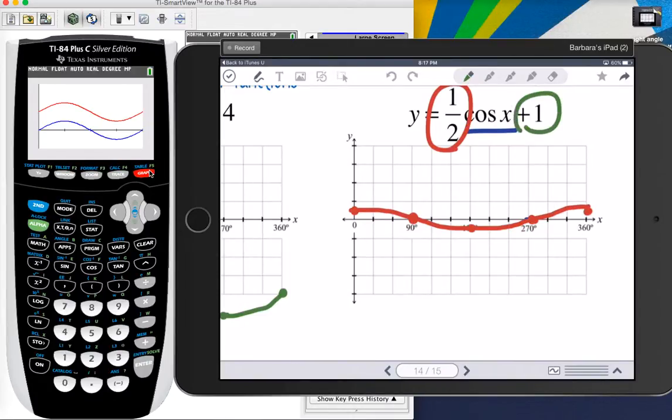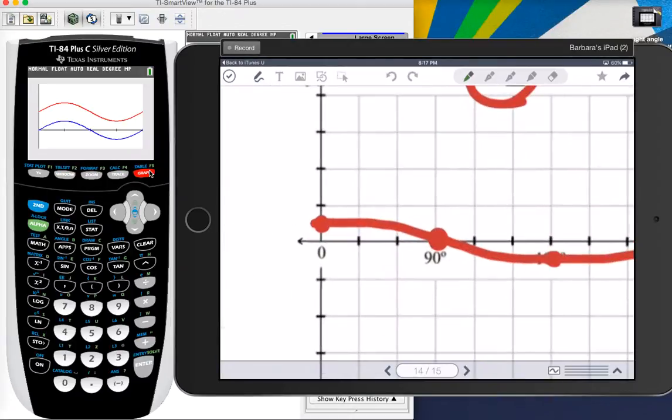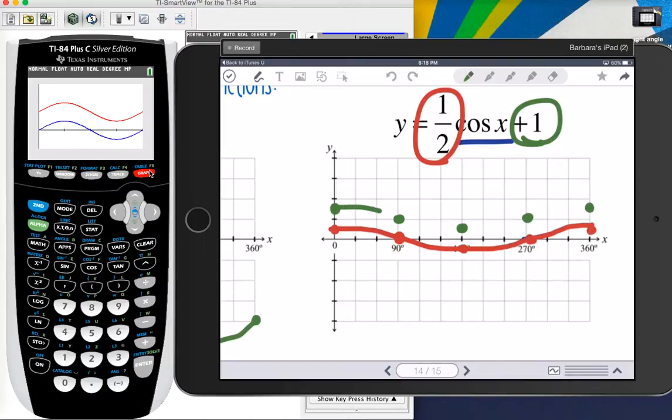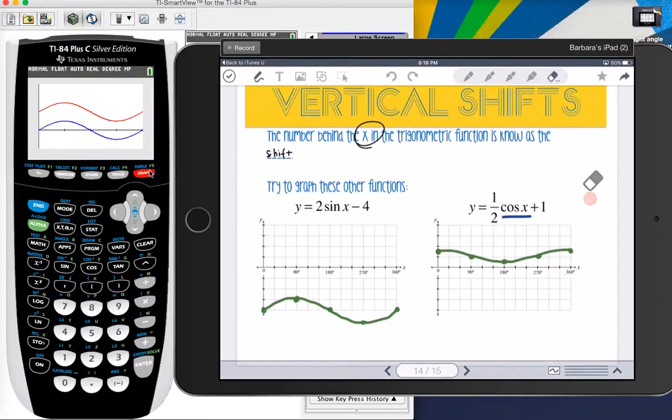And then it moves up 1, so everything's just going to shift up 1. And then I can erase this, and that's my final graph.